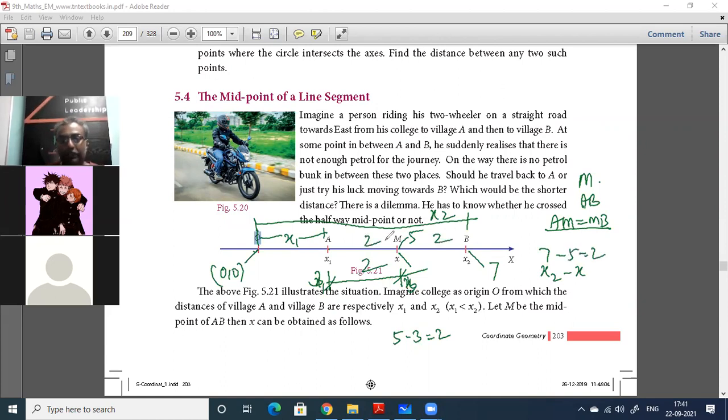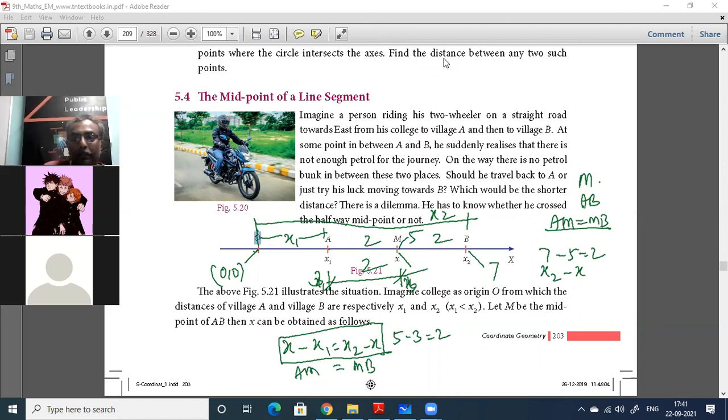So X minus X1 is equal to X2 minus X. That's what he's telling. You understood now? Because AM is equal to MB, both are the same distance, since M is the midpoint. So X minus X1 is equal to X2 minus X. That is how he has derived this.